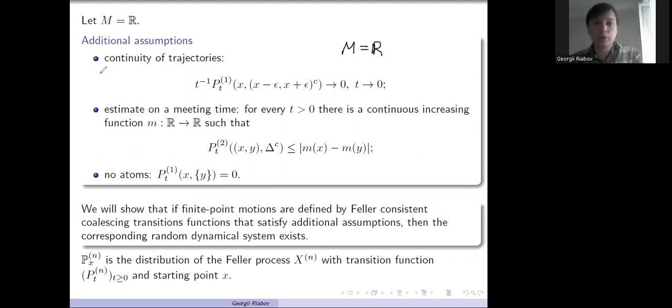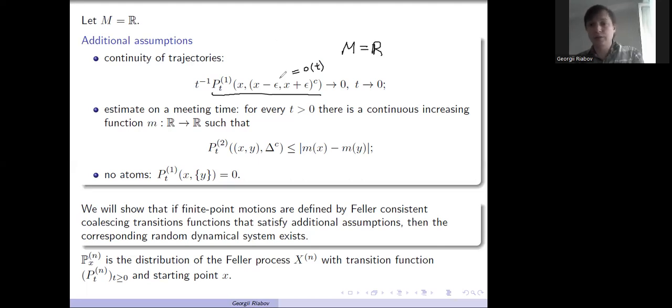The first additional assumption is a sufficient condition for continuity. This is the probability that in time t, the trajectory will deviate from the initial state by epsilon, and this probability is o small of t.